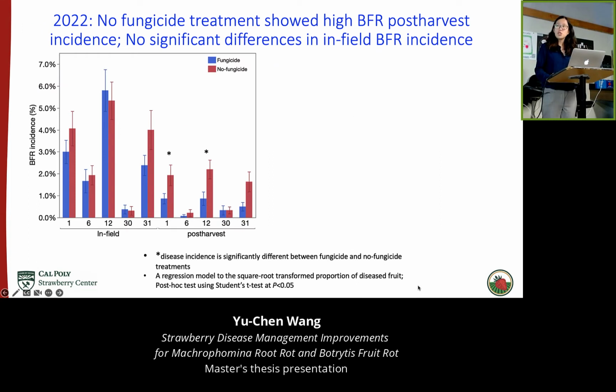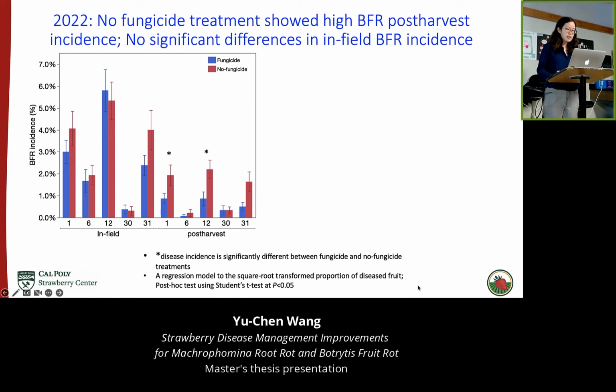Regarding the first objective, are there differences between fungicide and no fungicide application? There were no differences for the in-field Botrytis incidence when we compare individual fields. But we see the post-harvest Botrytis incidence having some differences. For field 1 and field 12, the no fungicide treatment has higher incidence of Botrytis.